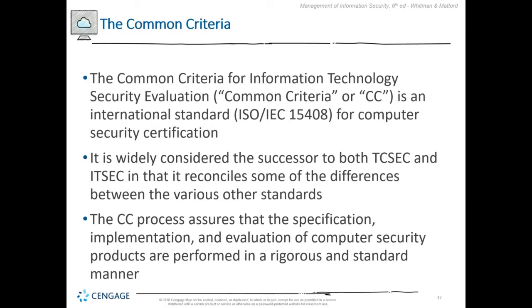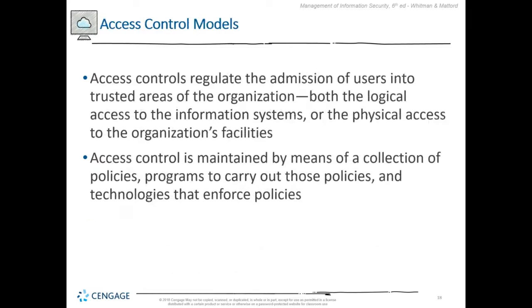Your security target is the document describing the TOE's security properties. The security functional requirements are a catalog of product security functions. And the evaluation assurance levels are the rating or grading of a TOE after it's been evaluated. So there's some of the terminology you should be aware of.